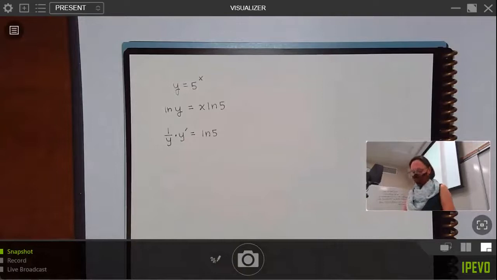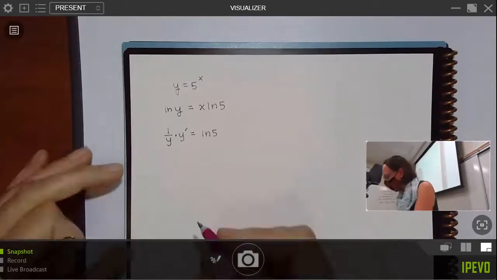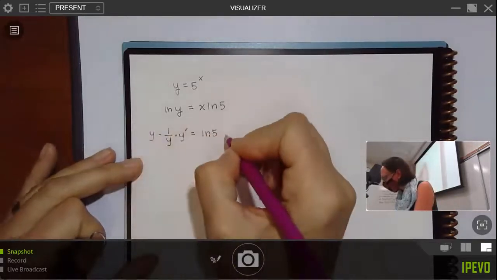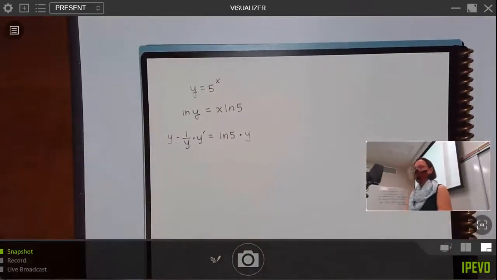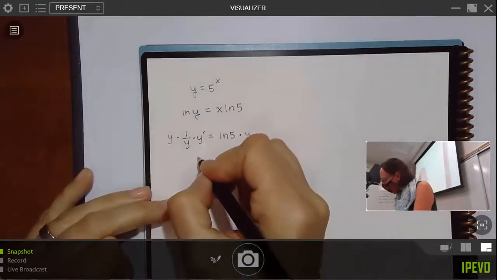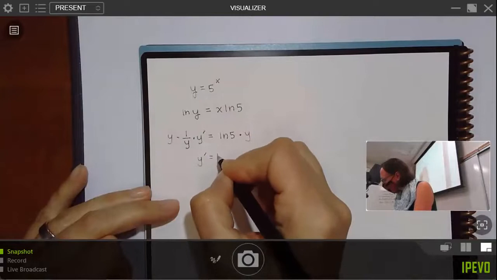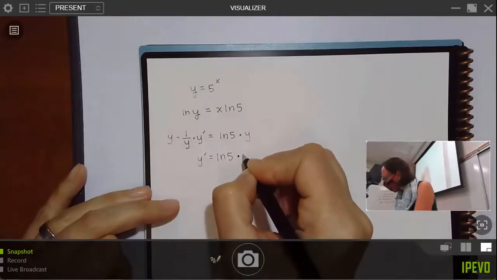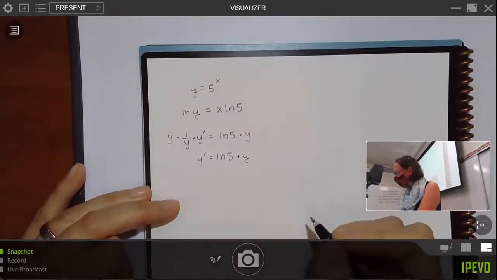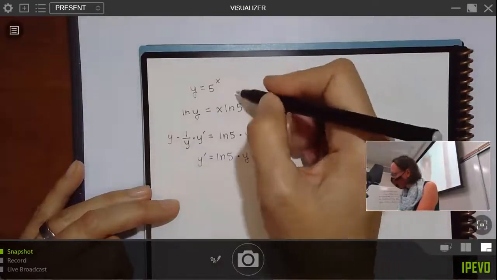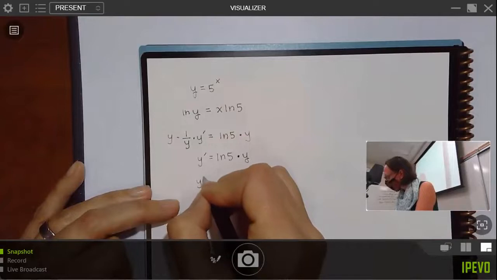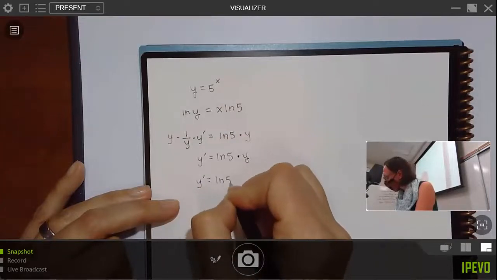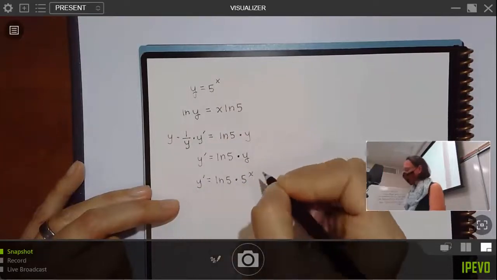By the magic of algebra, I'm going to multiply both sides by y because I'm trying to get the y prime by itself. So I've now got y prime is equal to natural log of 5 times y, or since y in the original problem was 5 to the x, y prime is equal to natural log of 5 times 5 to the x.